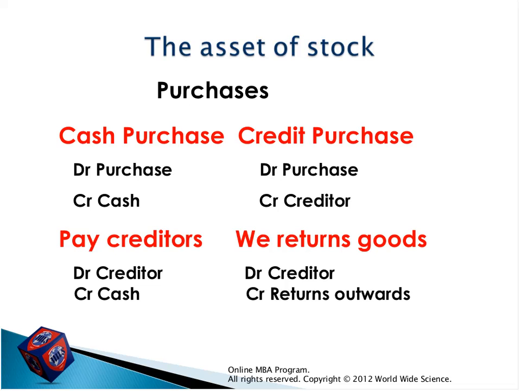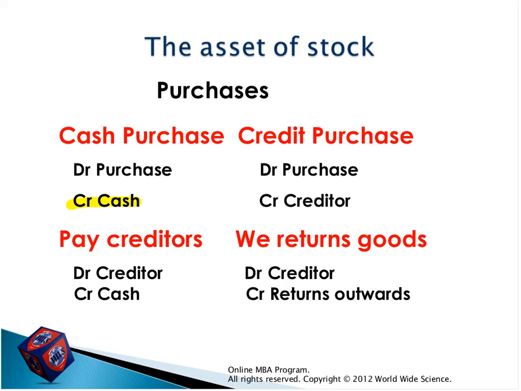So we have purchases. This is when companies do business and buy some kind of products, like raw materials to produce some goods. So if we buy some raw materials by cash, first, cash would be on the credit side because we pay by cash and money goes out from the company, right?